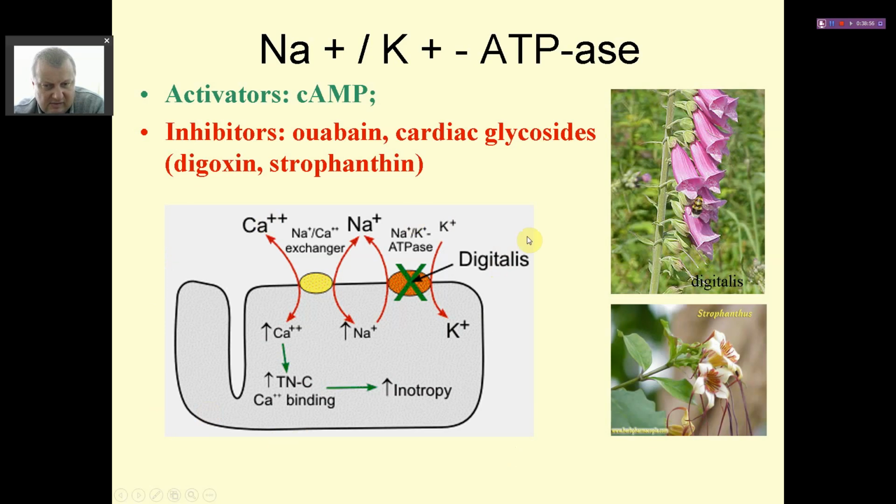For example, for the heart cell, myocardial cell, we could see that inhibiting of this enzyme provides the increasing of the sodium concentration in the cell, because this pump doesn't work, and it means the sodium stays in the cell.